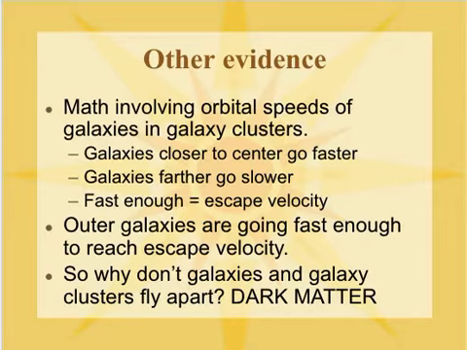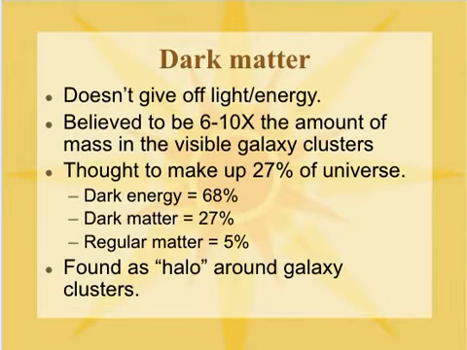But if you can get anything moving fast enough, it will reach escape velocity. That's the velocity you have to travel at to get away from whatever has got you under its gravitational power. And what we find is that outer galaxies can be going fast enough to reach escape velocity, but these galaxies don't rip themselves apart. And so, again, there has to be some form of gravity there that we can't see. So they call that matter that's causing that dark matter.